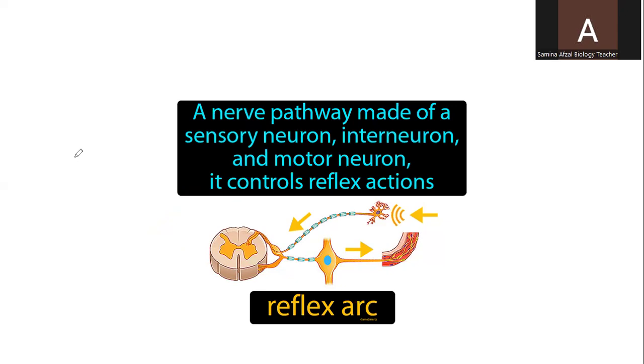A nerve pathway made of sensory neuron, interneuron or relay neuron, and motor neuron. So it controls reflex action. And you can see over there, message sent through the sensory neuron, from sensory neuron to the spinal cord, and from the spinal cord towards the muscles. So a nerve pathway is called a reflex arc.